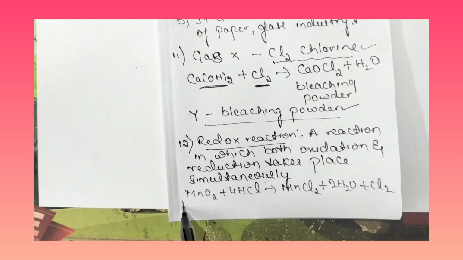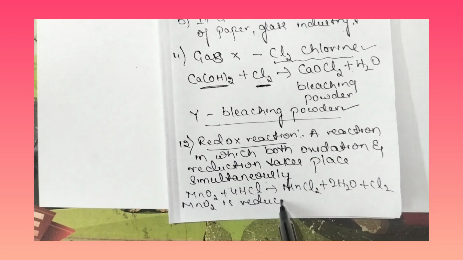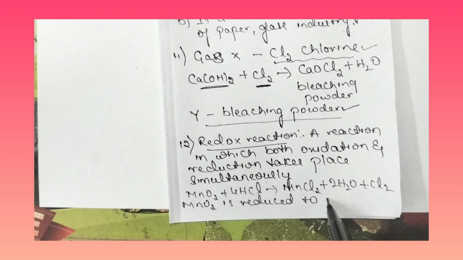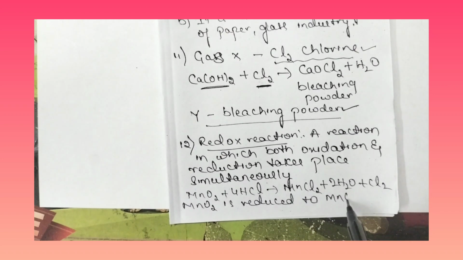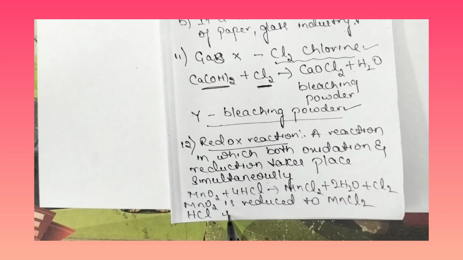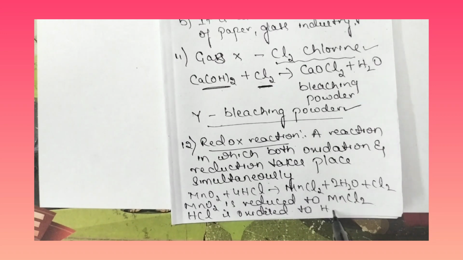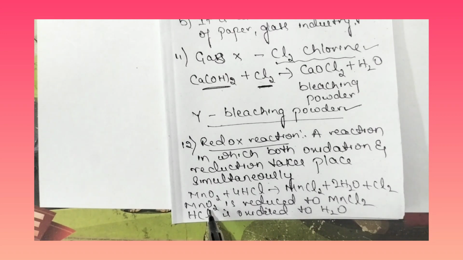Here MnO2 is reduced to MnCl2 and HCl is oxidized to water. So manganese dioxide is reduced to manganese chloride and hydrochloric acid is oxidized to water.